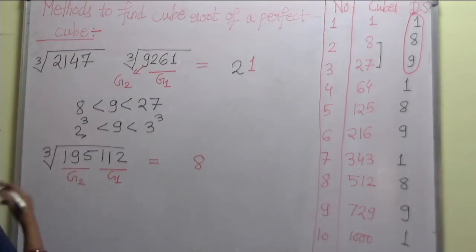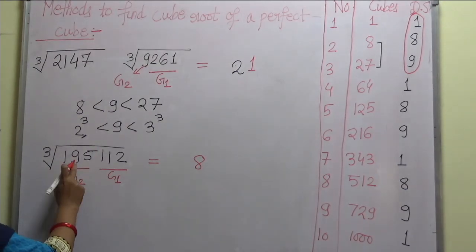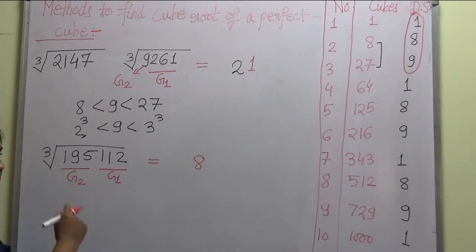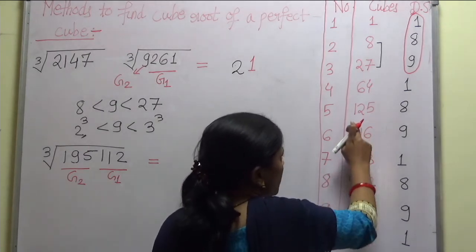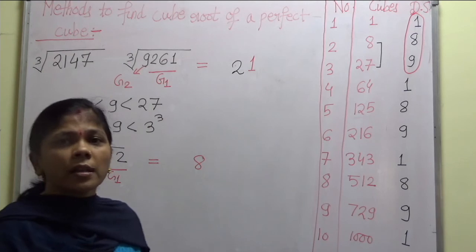Now next, the next group, that is 195, right? Just look for where this number 195 lies in the column of cubes. So 195 is between the cubes of 5 and 6, that is between 125 and 216.